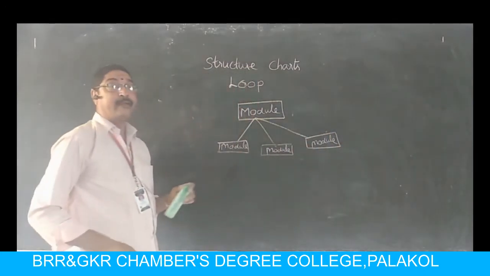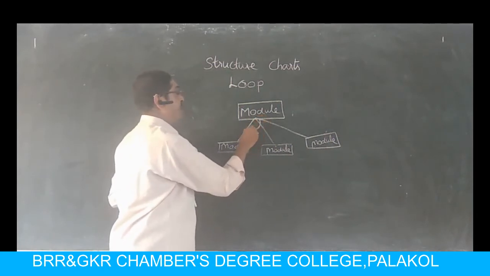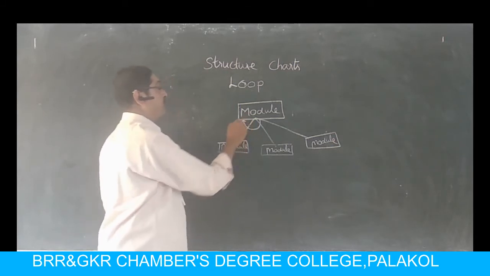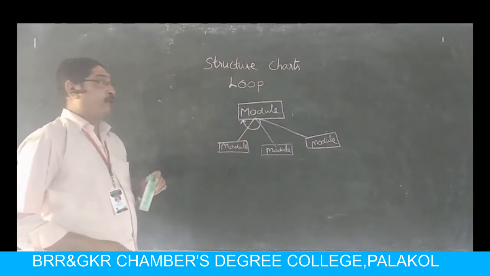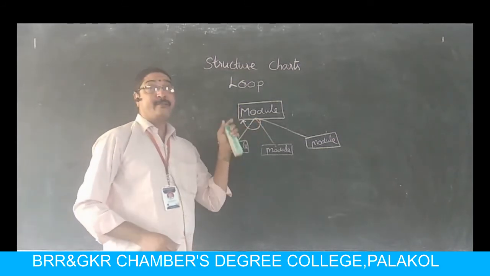I have three modules here. Here I am using a curve. It shows this is a loop. Now let us see. Here this loop is represented with the help of this curve.